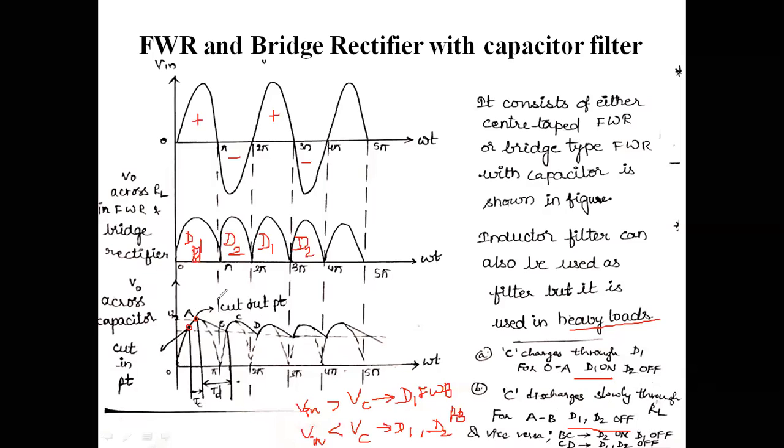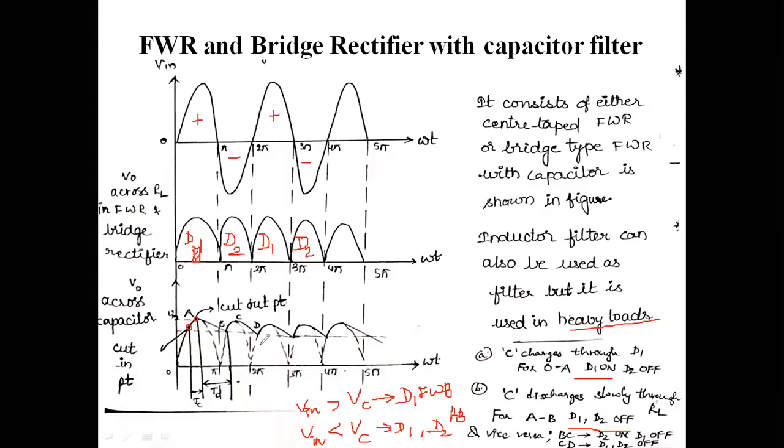Then what happens from B to C? Again, as in the condition from 0 to A, conduction and charging will take place, and that diode is in forward bias condition. From A to B, D1 and D2 are in off condition.